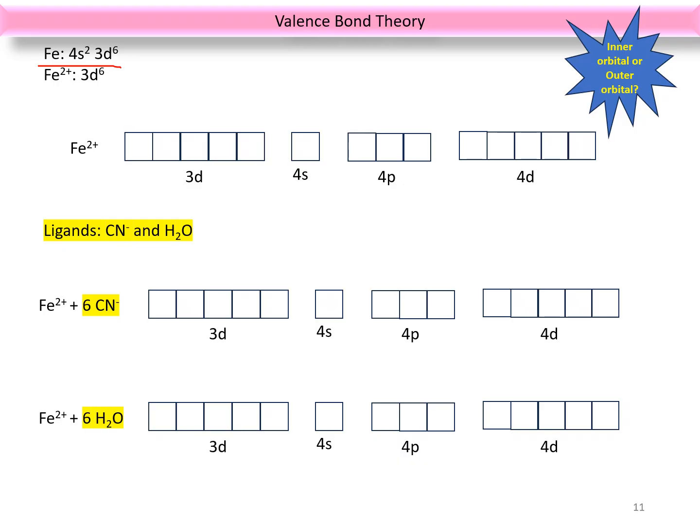We only focus on the configuration that participates in chemical bonding. The iron configuration here is 4s2, 3d6. When iron becomes iron 2 plus, the 4s2 is removed. The 2 electrons in 4s are removed, leaving the 4s empty with only 6 electrons in the 3d orbital.